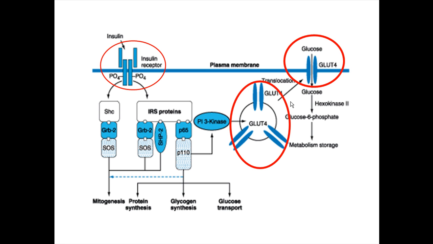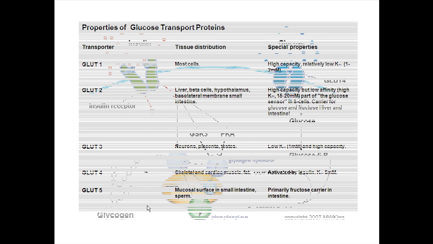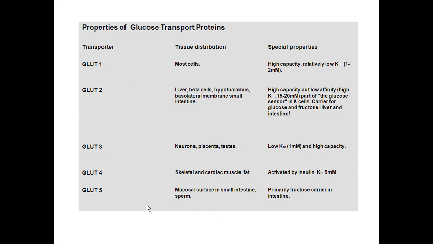When the transporter is embedded in the plasma membrane, the glucose is going to be brought in by active transport into the cell. Now this next picture shows something additional: here's the insulin fitting into the receptor. Here's the transporter. The glucose comes in and basically ends up, as you can see, making glycogen there.